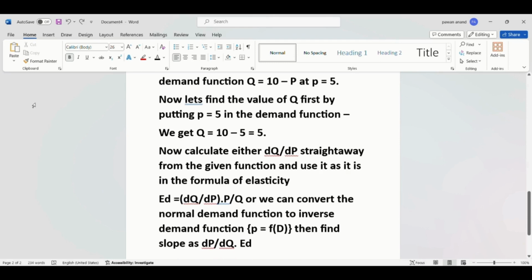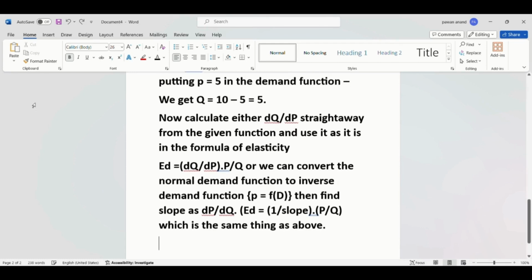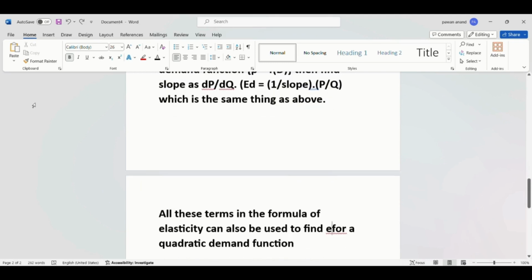So now find its slope as dP upon dQ and put it in the formula of ED is equal to 1 upon slope into P upon Q. Here 1 upon slope, this is the slope of the inverse demand function. Now I think you can solve this question.